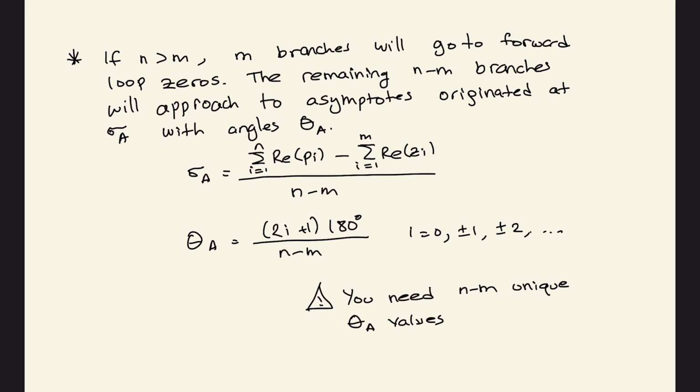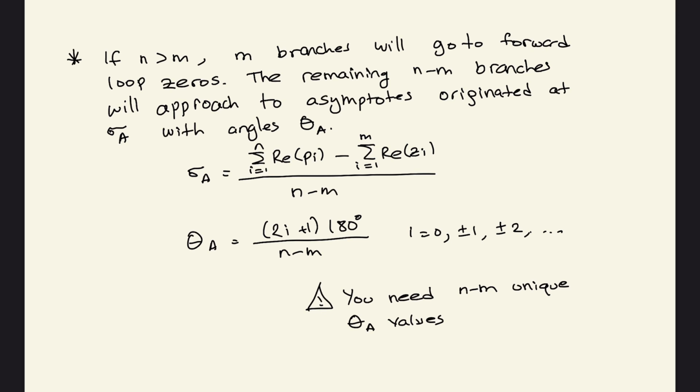Sigma of A is the intersection point of these asymptotes. How you find this intersection point is summation from 1 to n of the real part of the poles, minus summation from 1 to m of the real part of the zeros, divided by n minus m. And you also need an angle for these asymptotes.